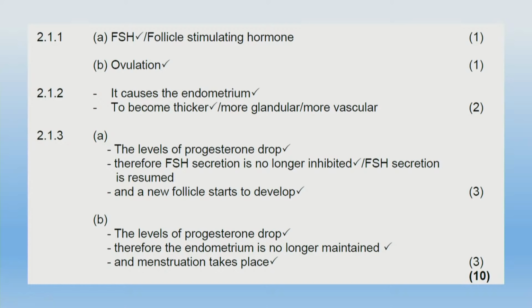After that, you have to ask yourself what will happen if the level of progesterone drops. Therefore, FSH secretion is no longer inhibited, or FSH secretion is resumed, or FSH secretion will start.